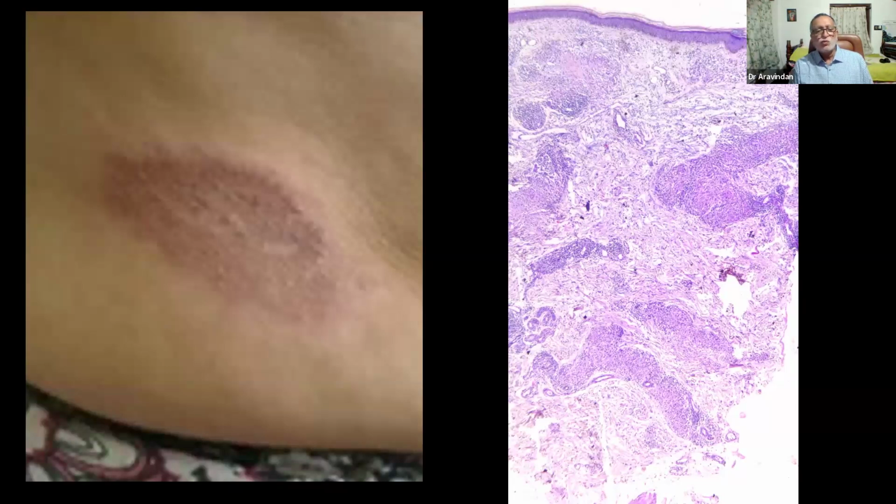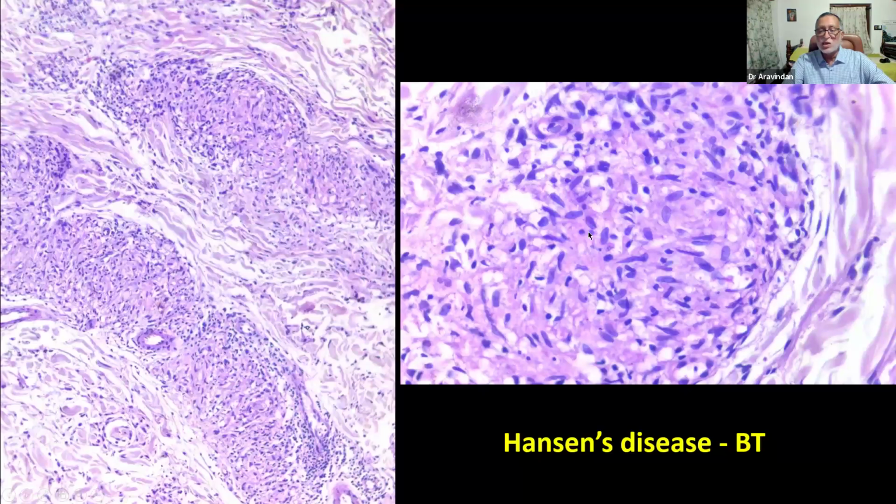So here what you find is this sharply demarcated plaque-like lesion. There may be other histories, obviously, but you find a very long, normal epidermis and elongated granulomas, long granulomas, almost as if it is following a nerve, a neurovascular bundle, following a nerve, very long, and it is granulomatous.